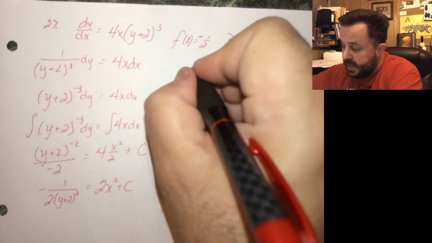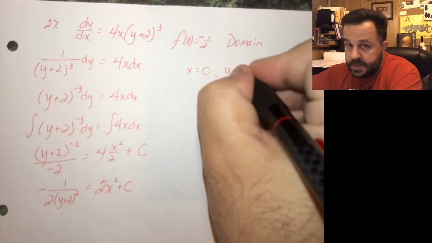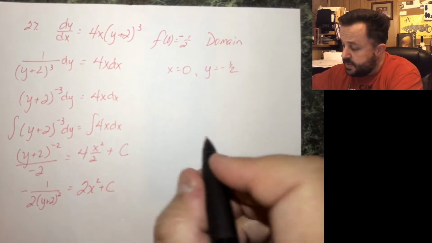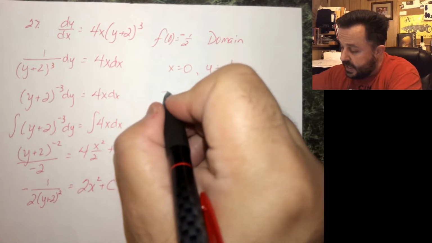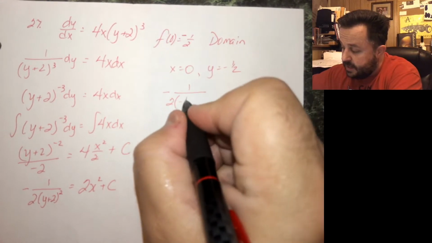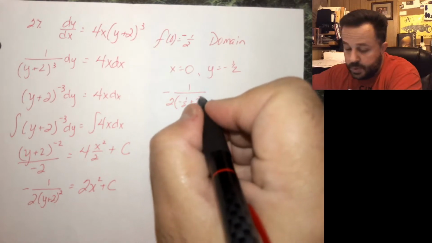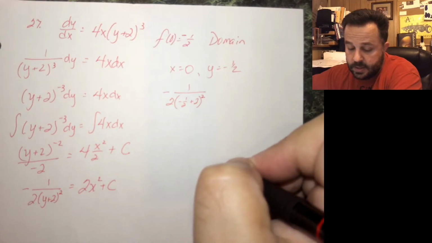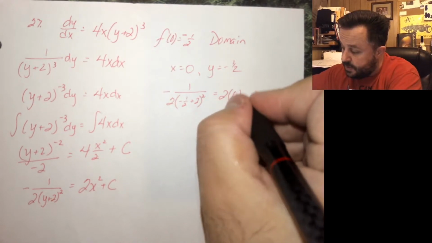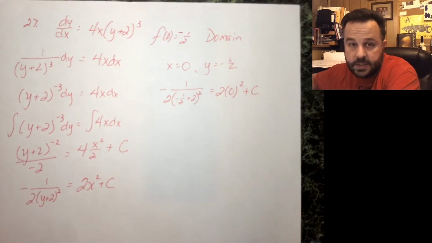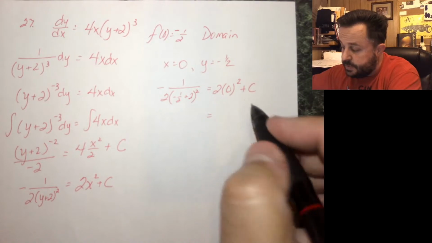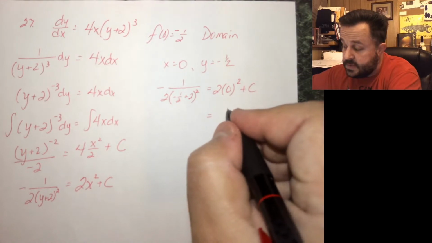So let's take a look. When x is 0, y is negative 1/2. So we'll sub those values in. So I get negative 1 over 2 times (negative 1/2 plus 2) squared equals 2 times 0 squared plus c. Let's handle the easier side. 0 squared is 0, times 2 is 0, plus c is c.